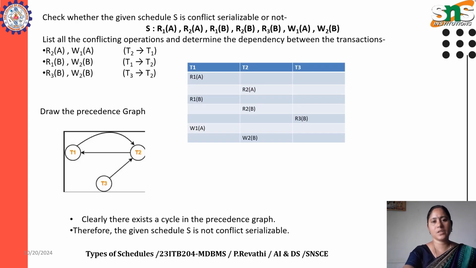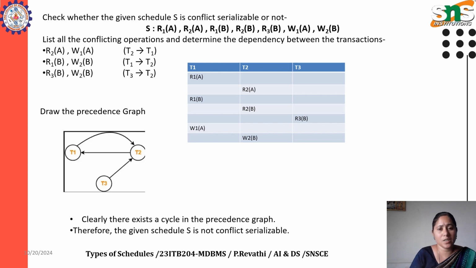Check whether the given schedule is conflict serializable or not. The schedule contains R1(A), R2(A), R1(B), R2(B), R3(B), W1(A), W2(B). We have to write it in table form. First, T1 reads A, then control is transferred to T2, which reads A again.